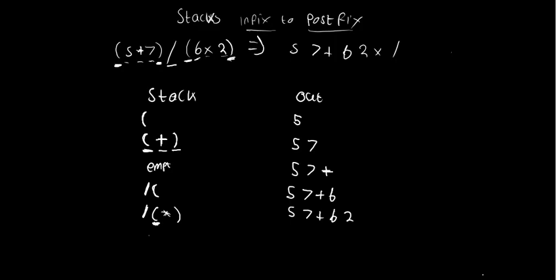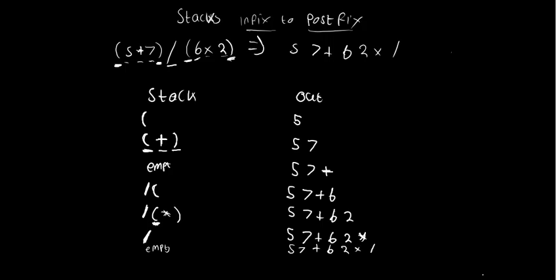So we're only going to have this guy over here, which is then going to give us 5, 7 plus 6, 2, and then here we're going to have the multiplication there. Since we're at the very end, we can also just pop this one out, so we now have an empty stack. Then we are going to have 5, 7 plus 6, 2 times division.